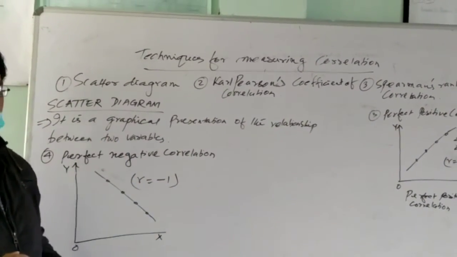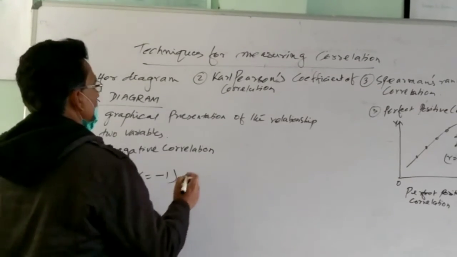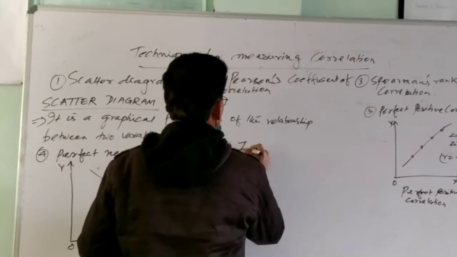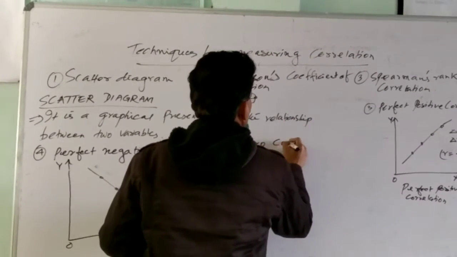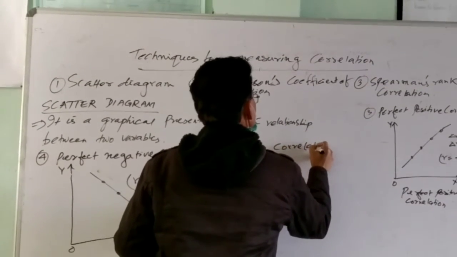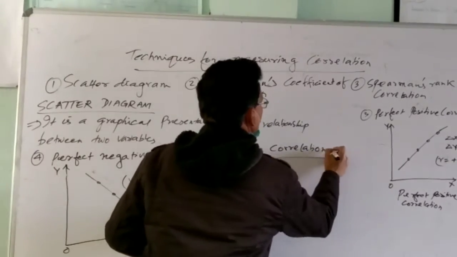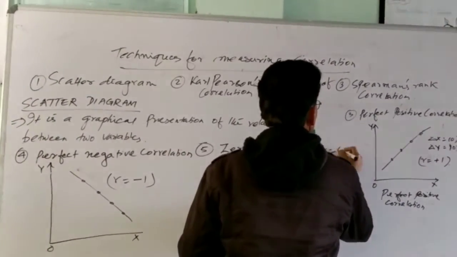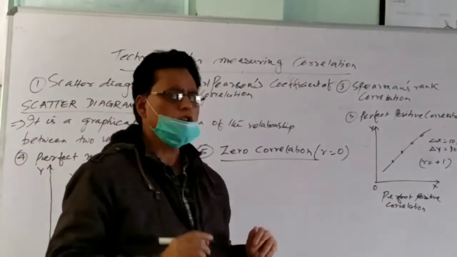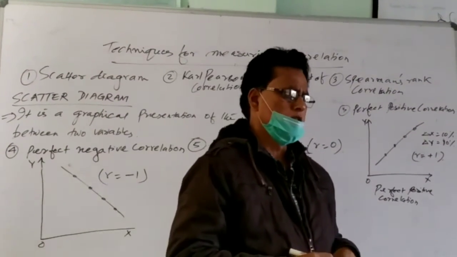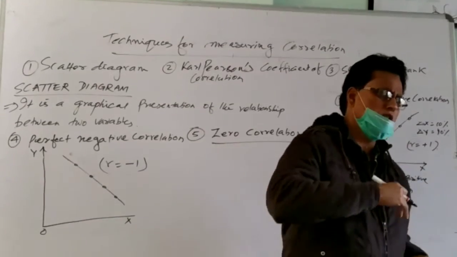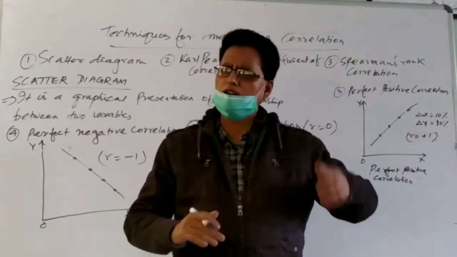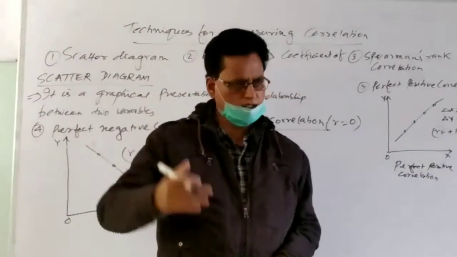And there is only the last correlation, that is called zero correlation. Zero correlation means the value of R is equal to 0. In zero correlation, one variable moves in one direction, for example upward, and another variable moves downward, clear?